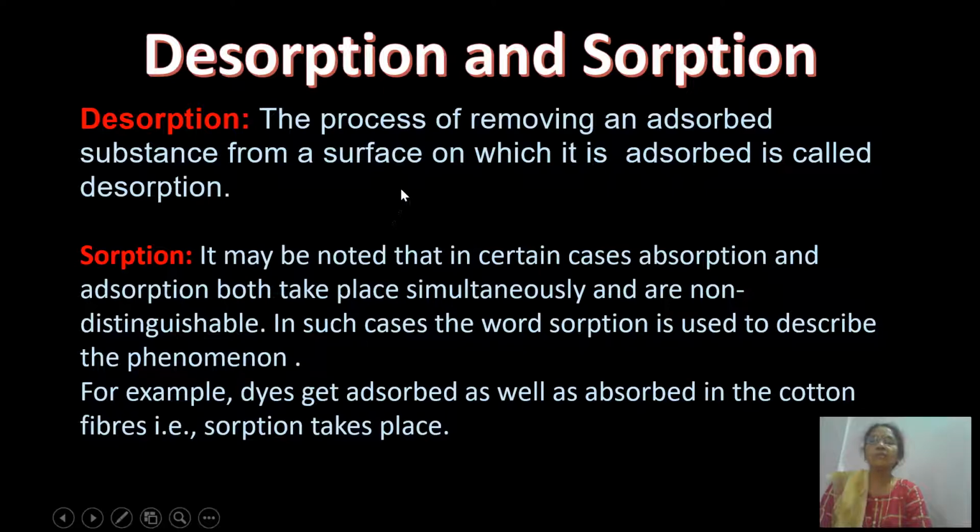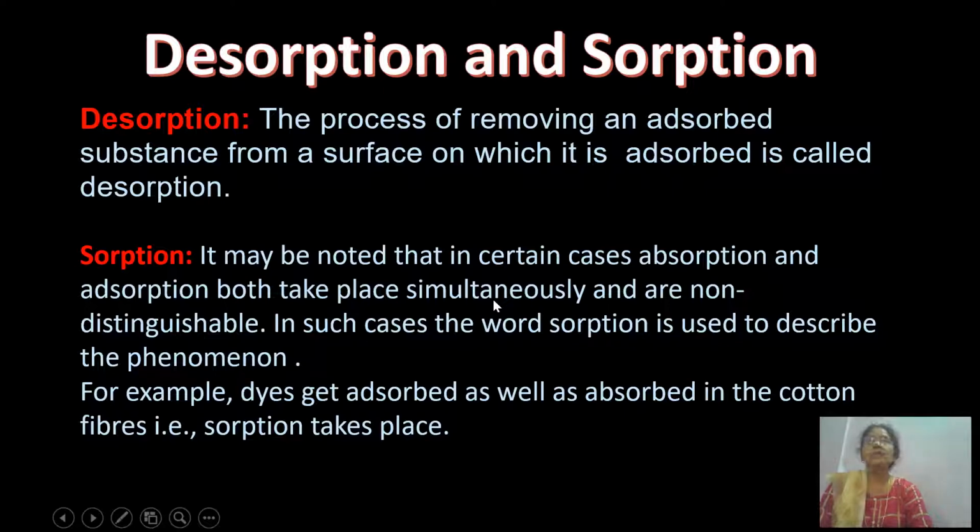Next terminology: desorption and sorption. Desorption means the process of removing the substance which is adsorbed. So this process is called desorption. And sorption means that absorption and adsorption both take place simultaneously.